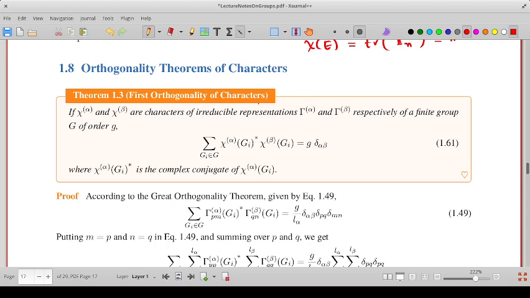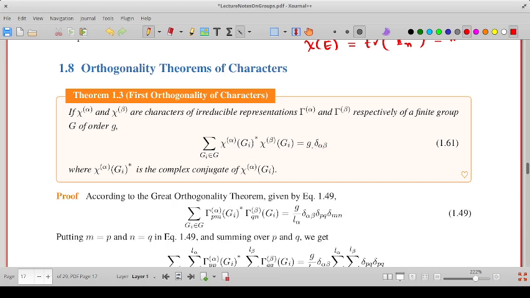And the first orthogonality theorem says that if chi alpha and chi beta are characters of irreducible representations gamma alpha and gamma beta respectively of a finite group of order G, then if we take the product of chi alpha Gi star times chi beta Gi and then take the sum over all group elements Gi, that will be equal to G times delta alpha beta.